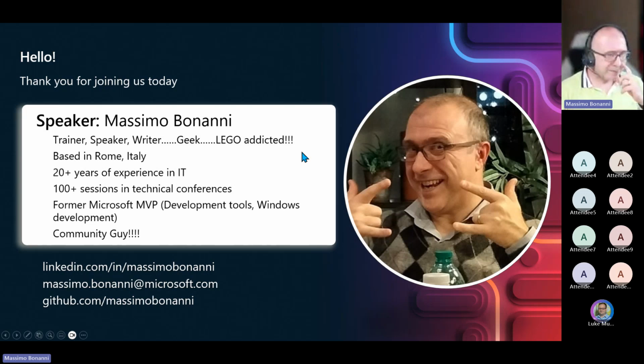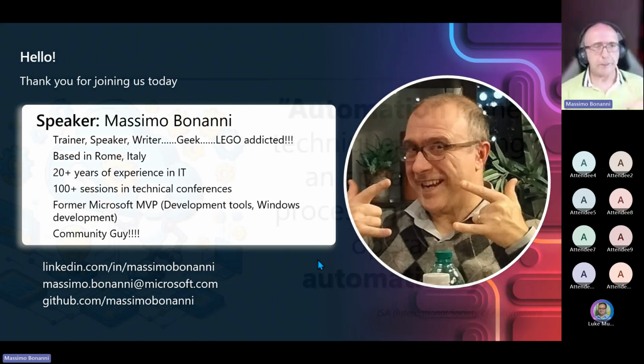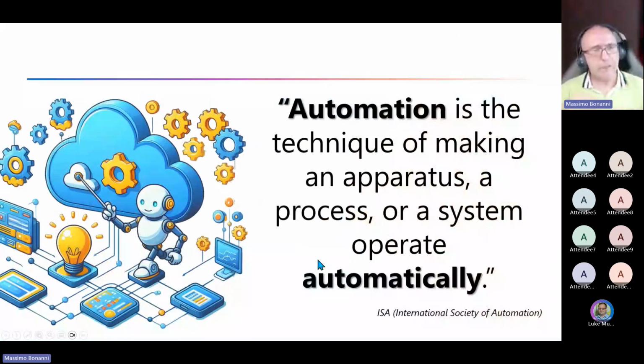So let's start from the beginning, and we start from the definition of automation. This is the International Society of Automation definition of automation. Automation is the technique of making an apparatus, a process, or a system, in our case our resources in Azure, operate automatically.